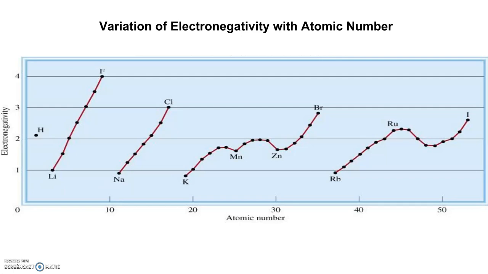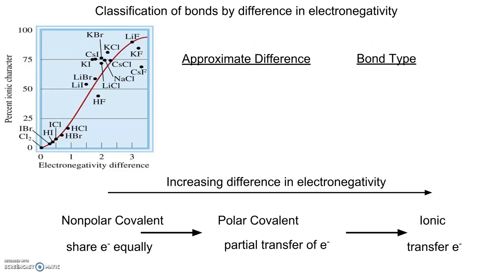Bromine has just shy of 3. And iodine has a little less than bromine. So obviously the halogens, fluorine, chlorine, bromine, and iodine, have the highest electronegativity. Notice family 1 metals, the alkali metals, have potentially the lowest electronegativity values.